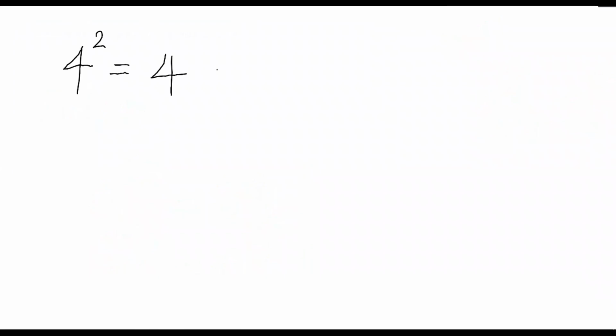What you have on the left hand side could have been just 16, but you have written it as 4 to the power of 2. Yes. Then this is in the form, and we can equate the powers.